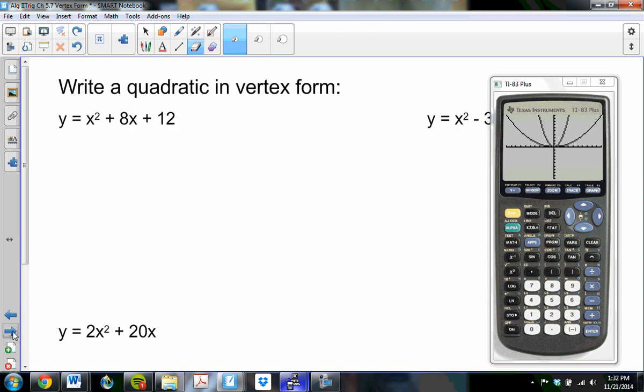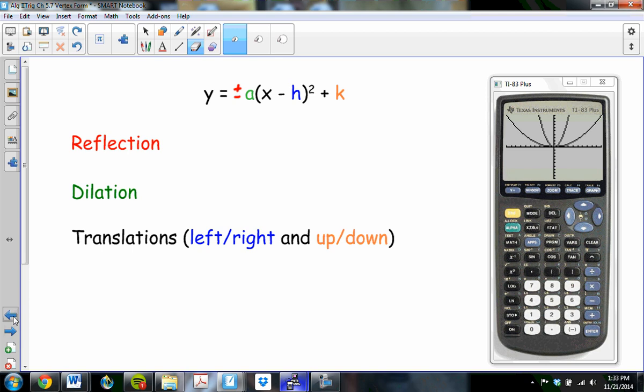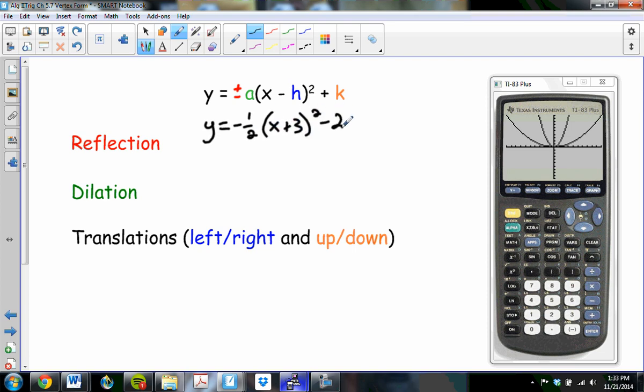So, for example, if I had y equals negative 1/2 (x plus 3) squared minus 2, I would know that it was reflected over the x-axis. And I'd say it's dilated by a factor of 1/2.